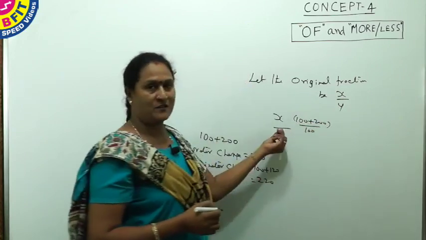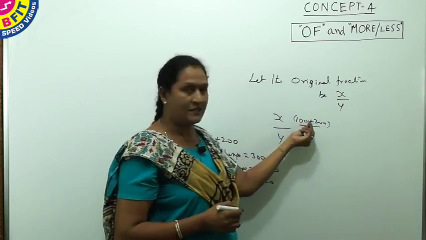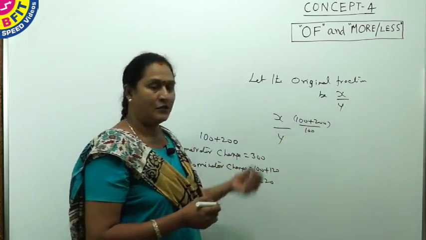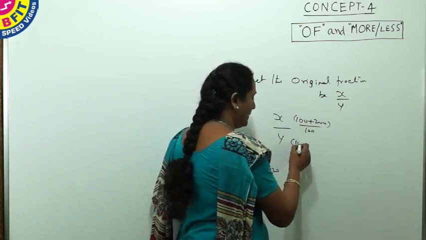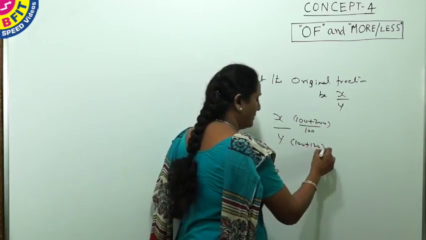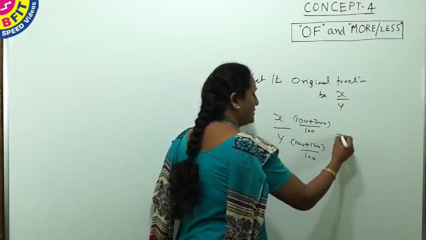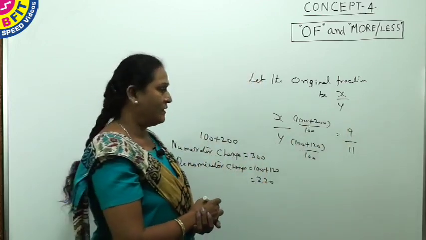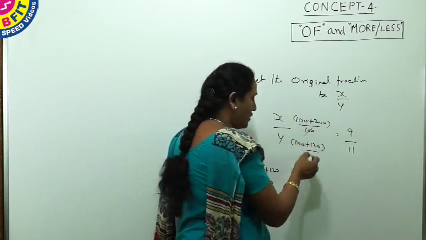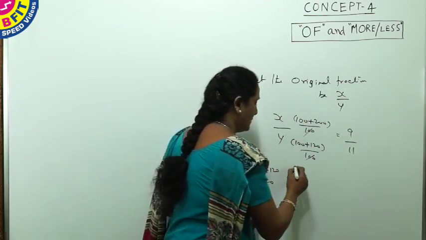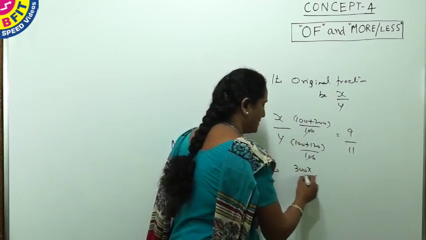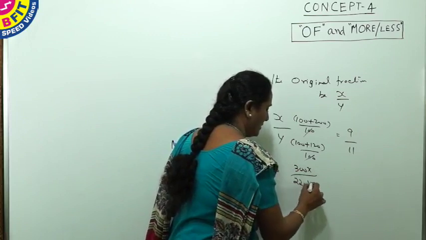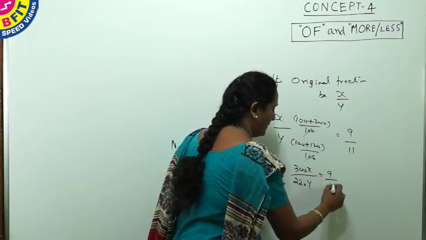The numerator is multiplied with (100 plus 200) by 100, and the denominator is increased by 120, so it is (100 plus 120) by 100. So this is equal to the increased fraction 9 by 11. And as you have the common factors cancel out, it is 300x by 220y equal to 9 by 11.